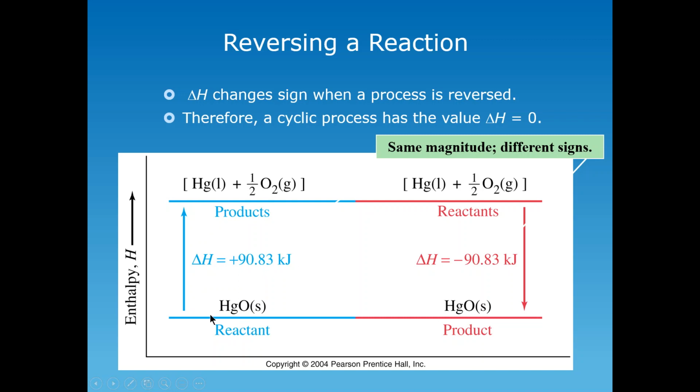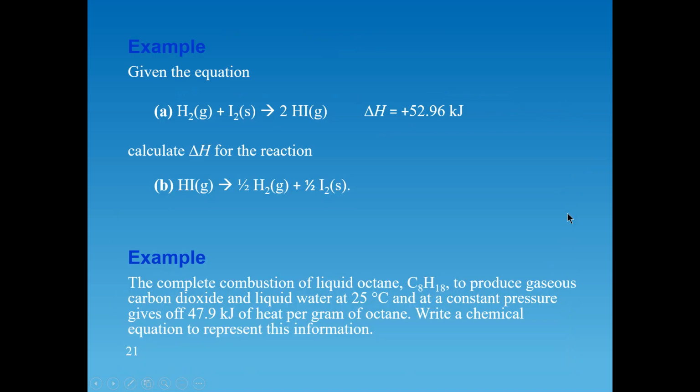So going from the reactant to the product involves this amount of energy, and then the reverse process would be the same in terms of magnitude, but different in terms of sign, right? So if you're going from mercury(II) oxide to the products of mercury and oxygen, and then going back to mercury(II) oxide, then for that cycle, the enthalpy change would be equal to 0.